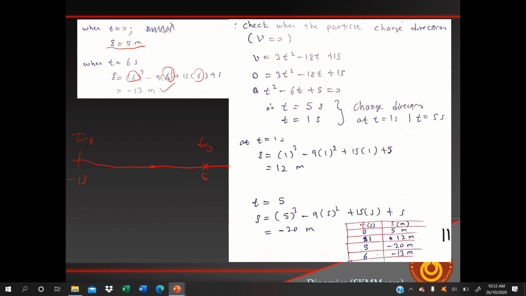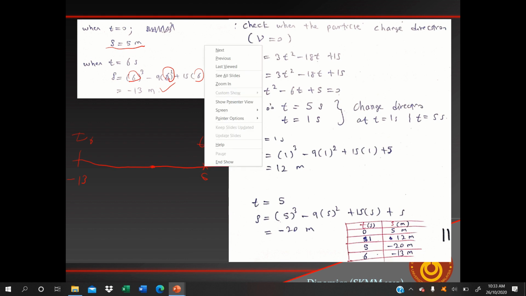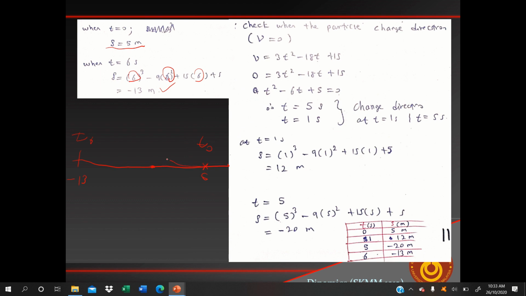You are required to find the distance traveled, but you don't know whether the particle moves directly from this point straight to here, or moves to the end and turns back and stops here, or goes to another point and stops here. You only know these 2 points. You don't know what happened in between. Does it move to the right and turn back or whatsoever?